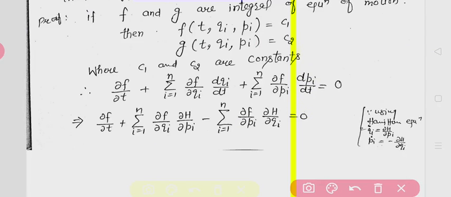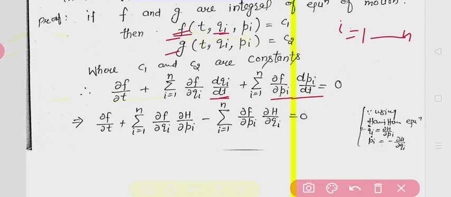Now if you take the derivative of this f and g with respect to t, you get the partial derivative of f with respect to t into dt by dt, that becomes 1, plus the summation, because here i varies from 1 to n, of the partial derivative of f with respect to qi into dqi over dt, plus the partial derivative of f with respect to pi into dpi over dt.